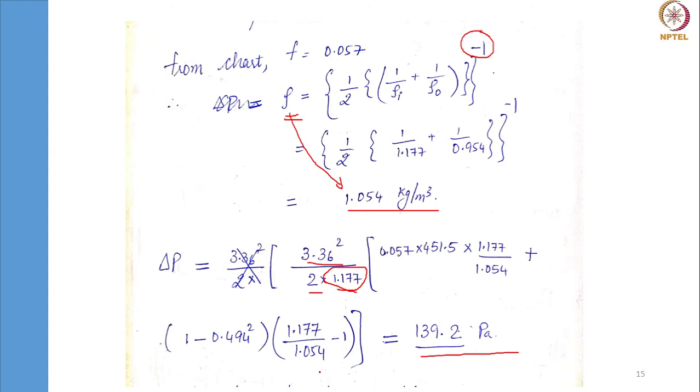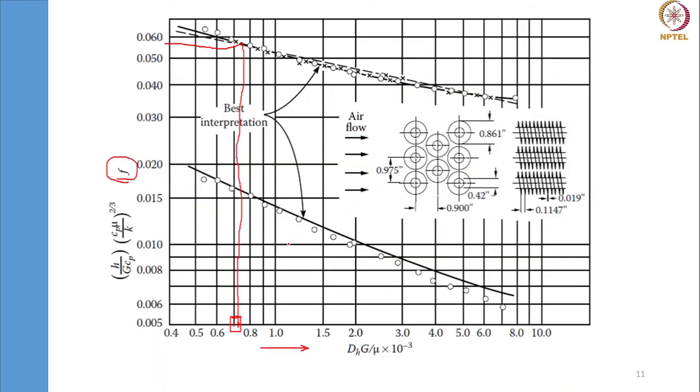We need to find out the average heat transfer coefficient of air. As a hint, I'll tell you that we have friction factor f and we have the Colburn j factor. In the Colburn j factor, we have one term called h, that's the heat transfer coefficient. The other quantities are all already evaluated by us, G Cp into mu Cp by k.